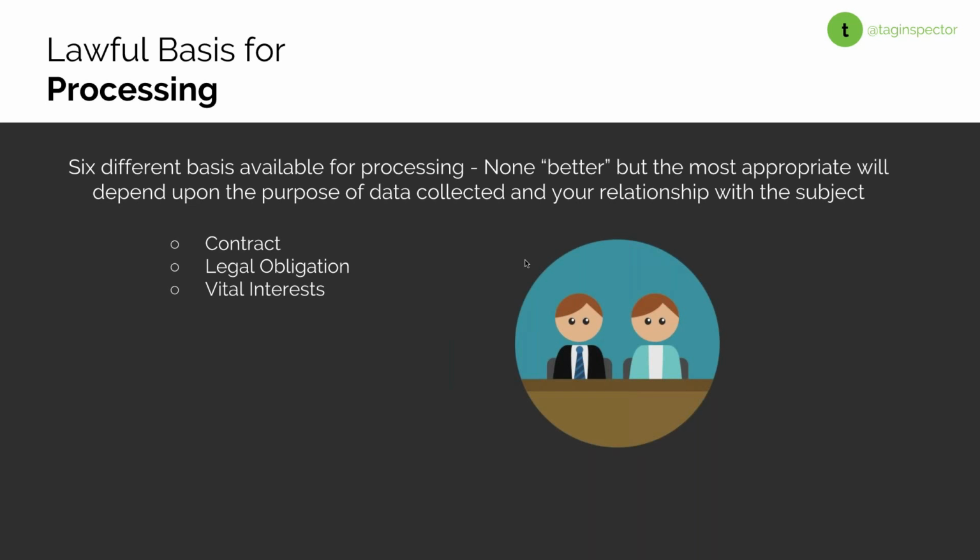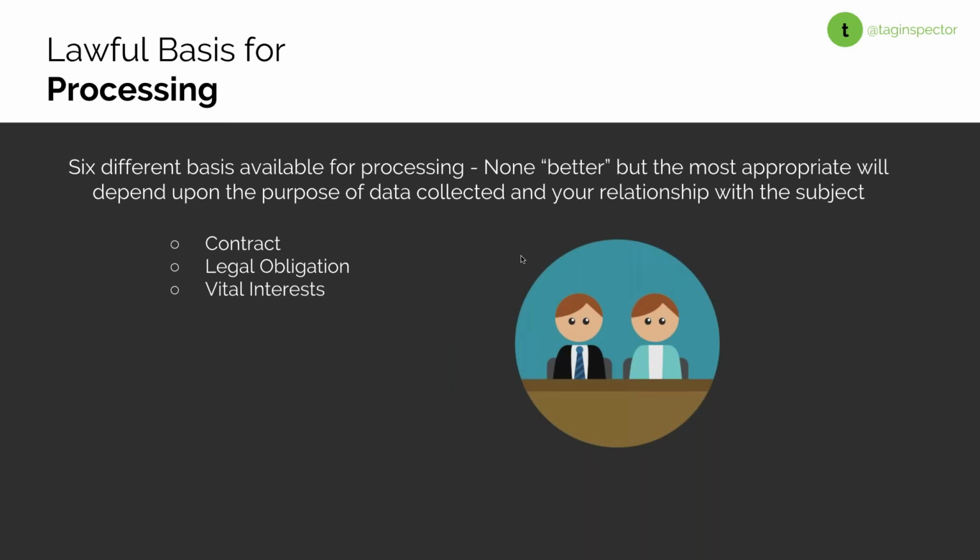Number 3 is vital interests. Vital interests, you're really not going to use for marketing. Vital interests can likely be used if you need to process personal data in order to protect someone's life. So it does not, though, apply if someone is able to or can give their consent in any sort of way. But that is there.